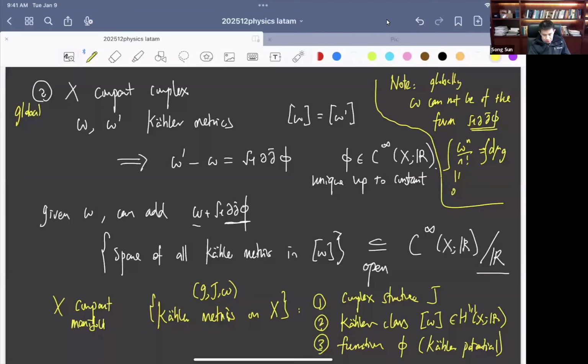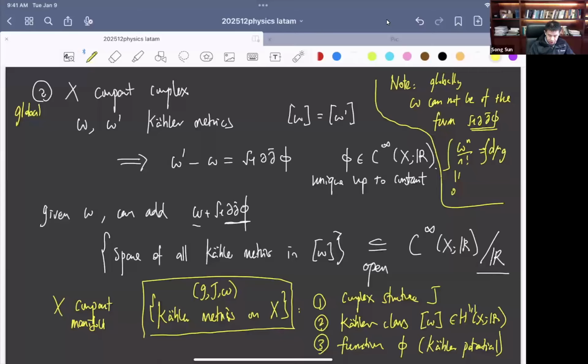Okay, so in terms of complex geometry, a Kähler metric on a compact manifold can be described in terms of three data. The first two are mainly complex geometry, or if you work with algebraic geometry, algebraic geometric.